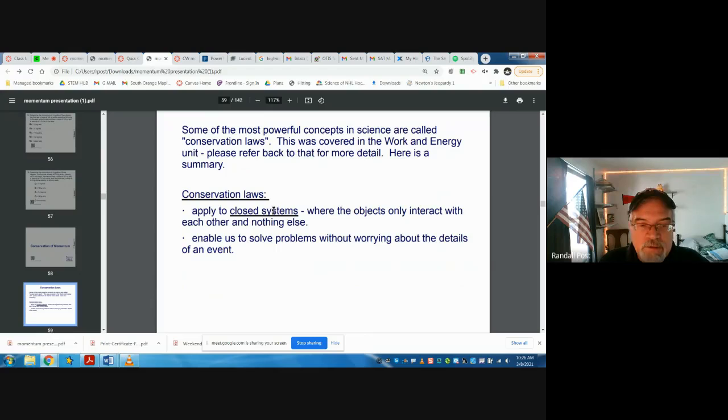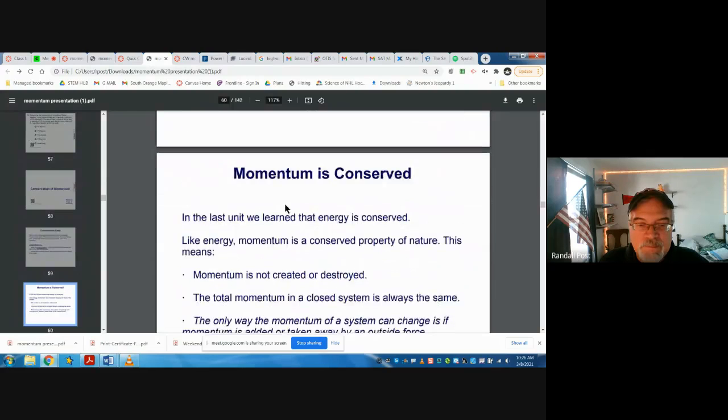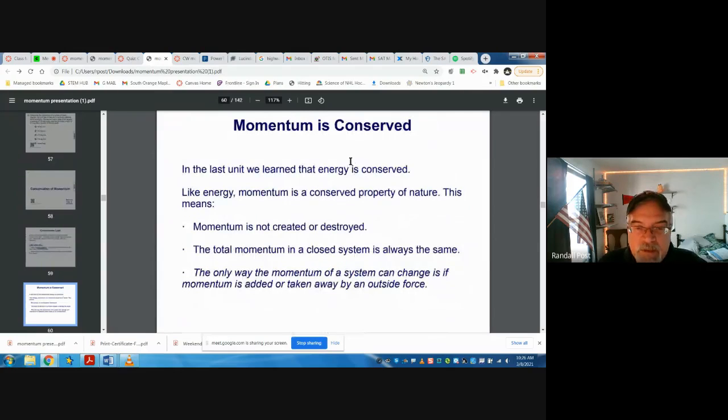We call that a closed system. And if it's closed, then momentum is conserved. Okay, momentum is not created. It is not destroyed. The total stays the same. The only way that we can change the momentum of a system is to introduce an outside force.